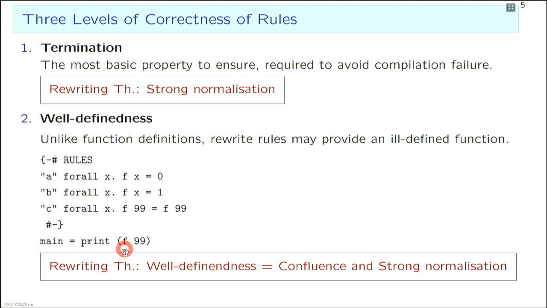So this may be 0, maybe 1, or maybe undefined. So rewriting should be well defined, meaning that in rewriting theoretic terms, rules should be confluent and strongly normalizing. This also gives a unique normalization property.